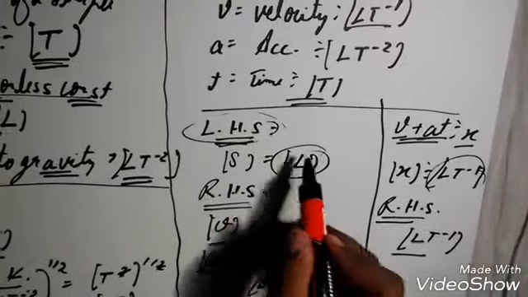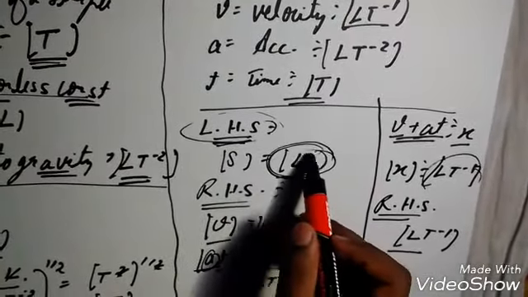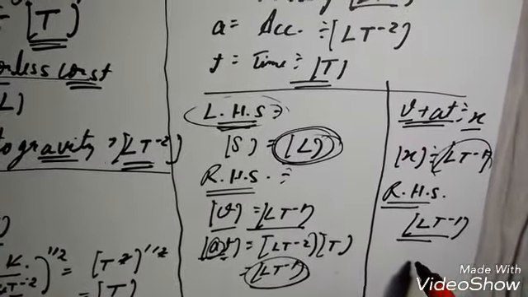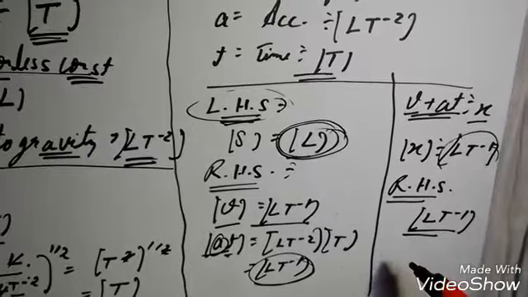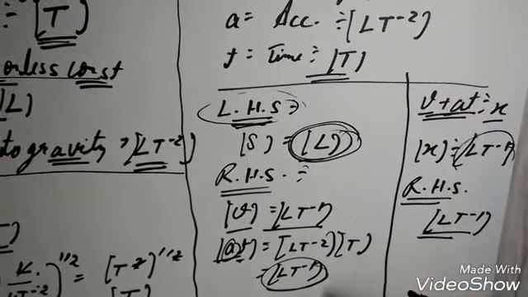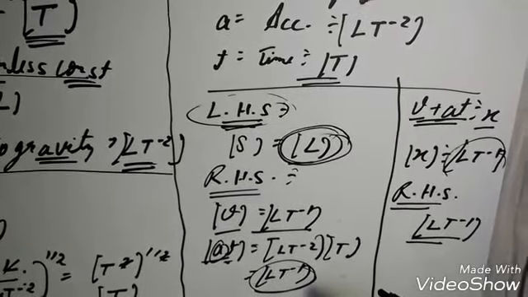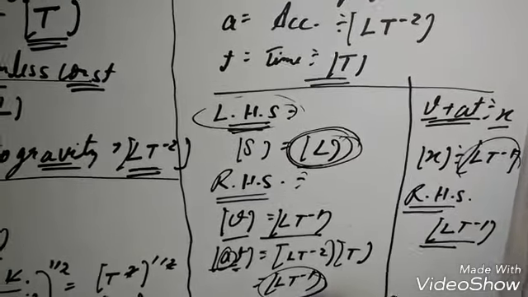The left hand side has a dimension of L, while the right hand side has a dimension of LT^-1. Therefore, according to the principle of homogeneity, as the dimensions of the left hand side are not equal to the right hand side, this formula is incorrect. Thank you.